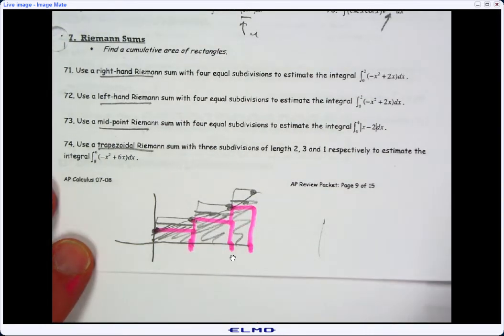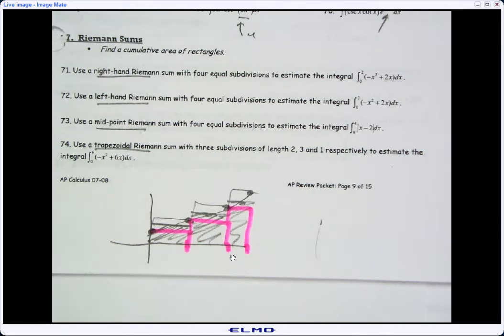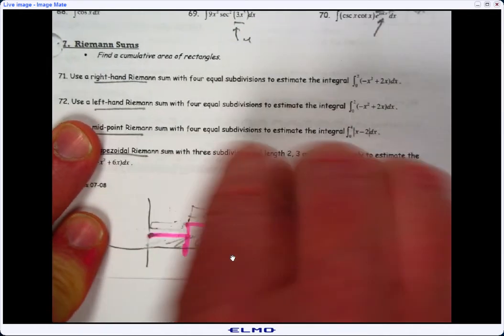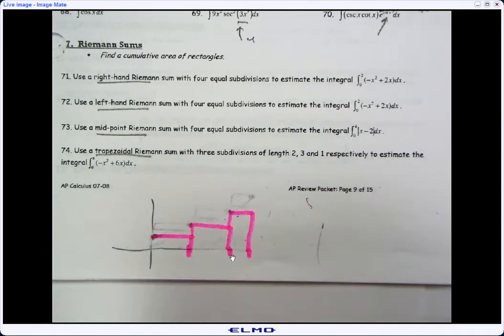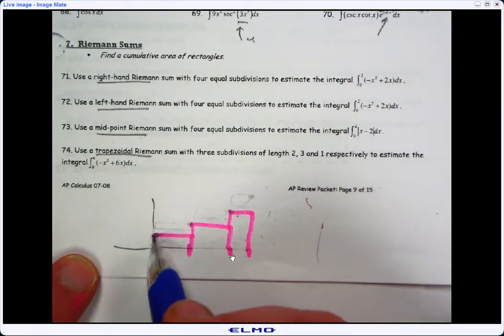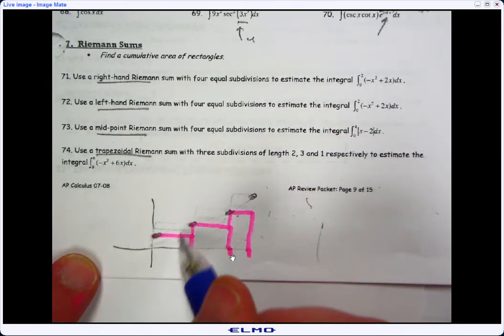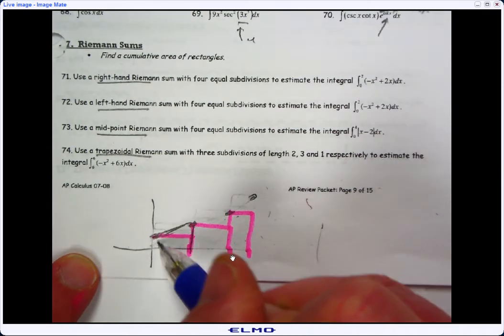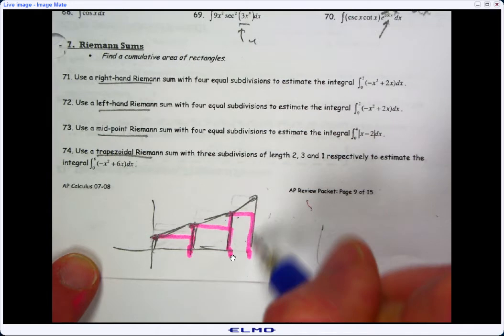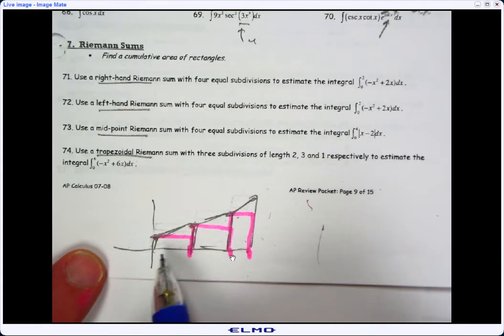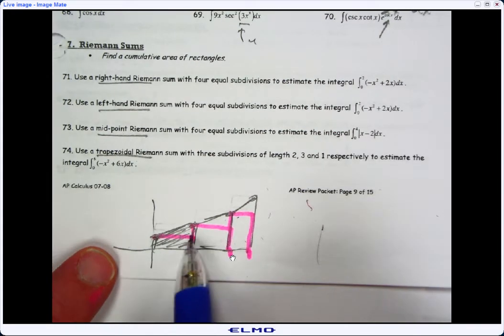And the trapezoid, my original points back on here, just means you're making trapezoids with the points you have and using your trapezoid formula. So average these two bases, multiply by the width.